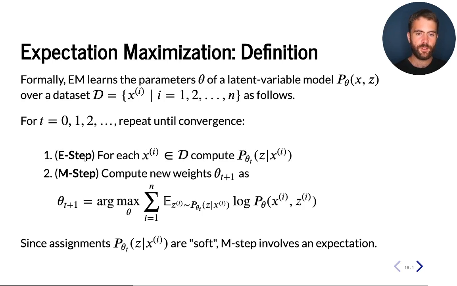First, in the E step, it computes for each data point the probability of this point belonging to each cluster, so the probability of Z given X. And then at the next step, it performs maximization, meaning that given this assignment, it computes the new weights as the solution to the following optimization problem.